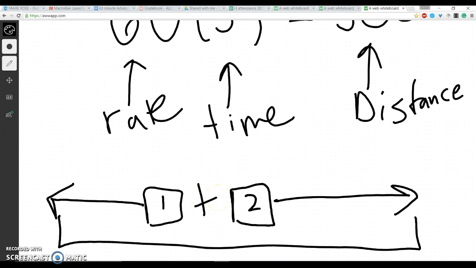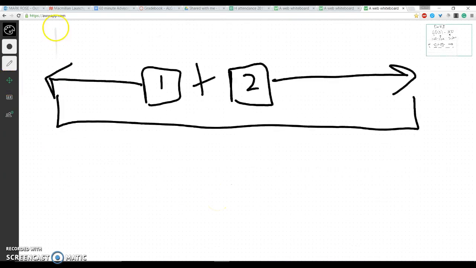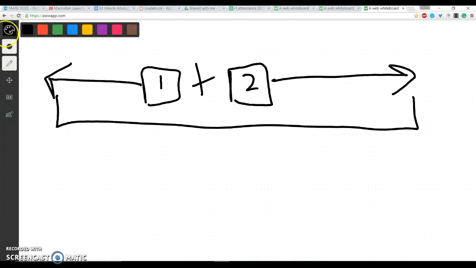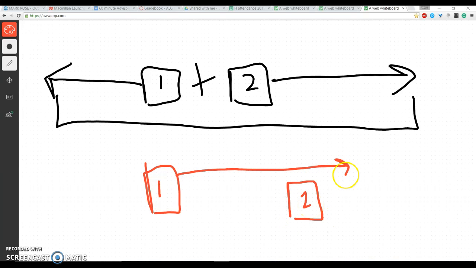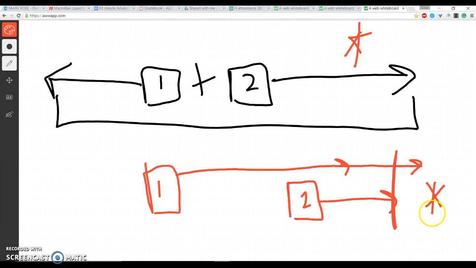The other thing that could happen is, let's say this time car 1 is behind car 2, and car 1 is trying to catch car 2. They keep going, and I'm going to try to find the point where car 1 meets up with car 2. So these are the two types of problems we're going to see.